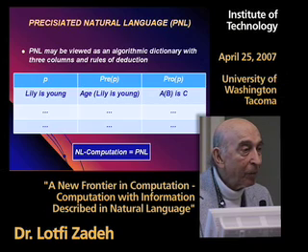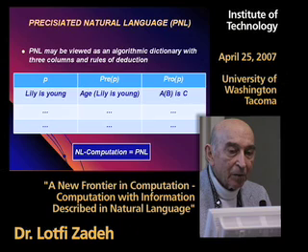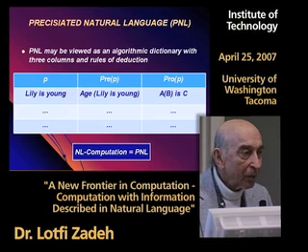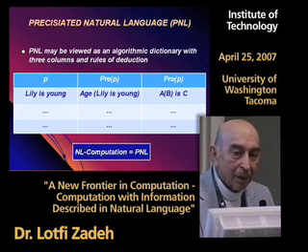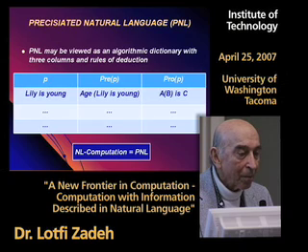Then you go to Lyapunov's theory of stability, or the book on control. And what's the definition of stability in that book? That will be the third entry in this kind of a dictionary. So when we talk about precisiated natural language, this is the sort of dictionary that we need. And when we finally come up with MM precisiation, we also come up with a protoform of that expression.